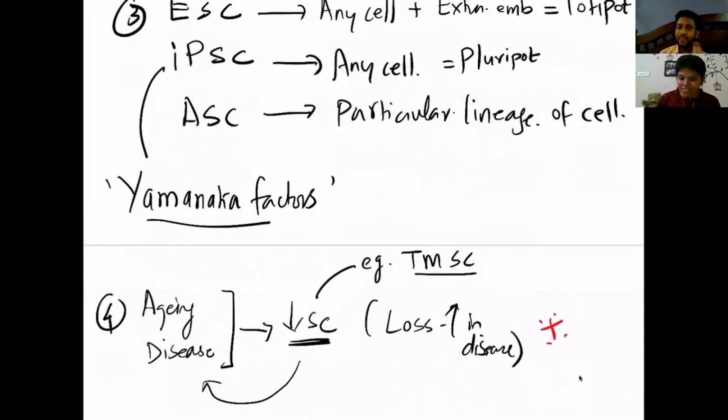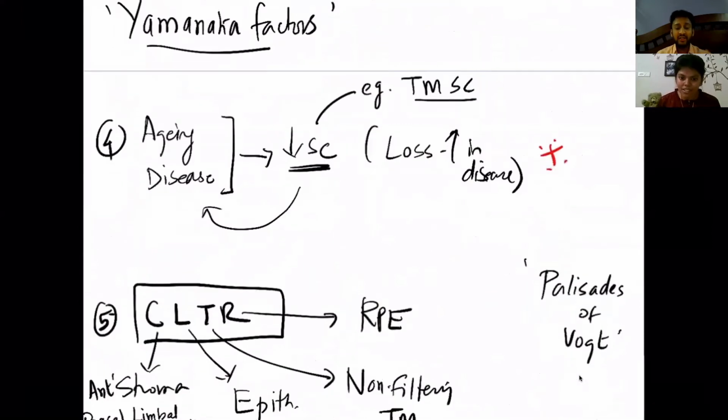Okay, that's great. So next, the most important concept to understand as far as stem cells are concerned is that aging and disease can cause a reduction in stem cells. But the intensity of loss is going to be more in the case of a disease or a pathology. Like she mentioned, trabecular meshwork stem cells were found to be reduced in aging as well as in patients with glaucoma.